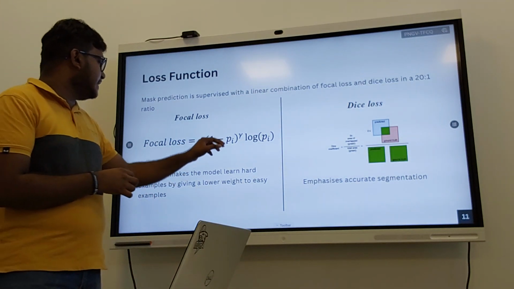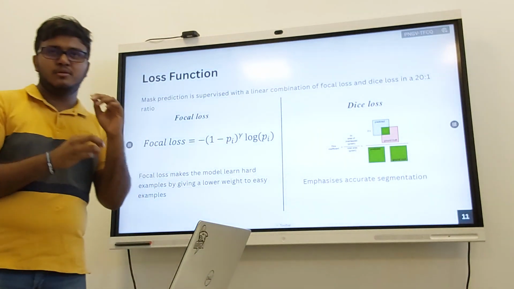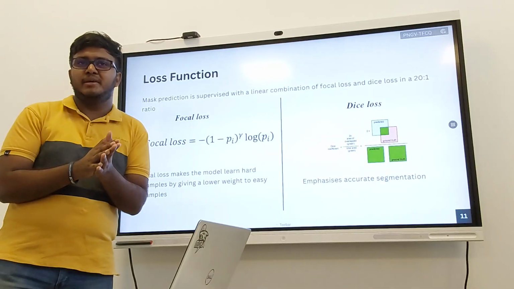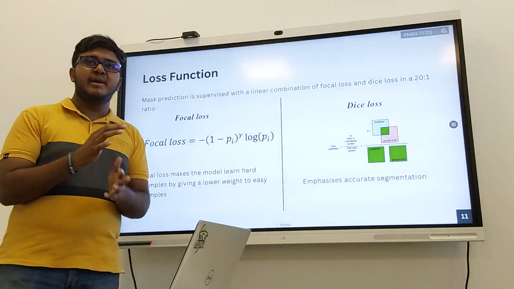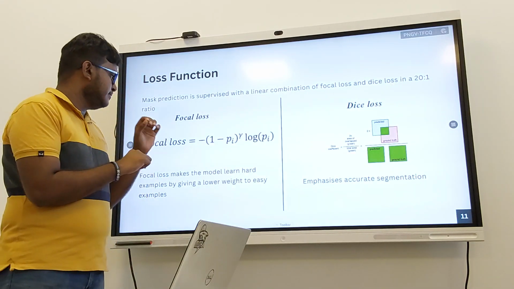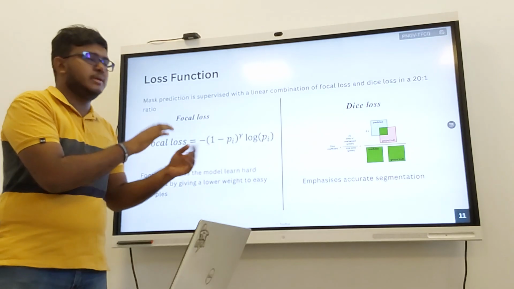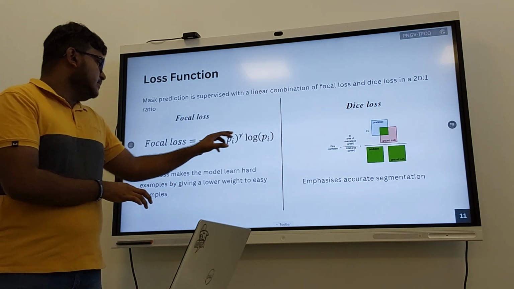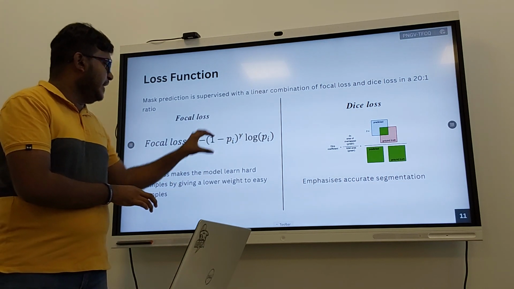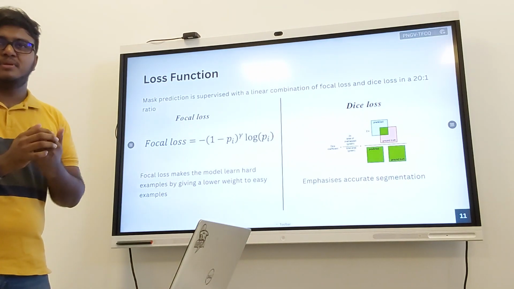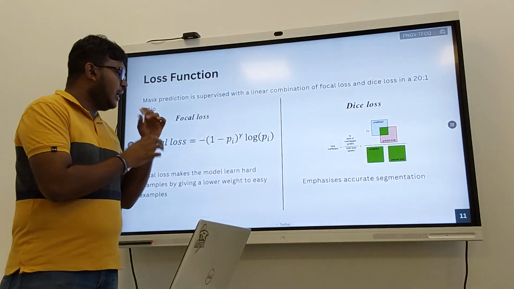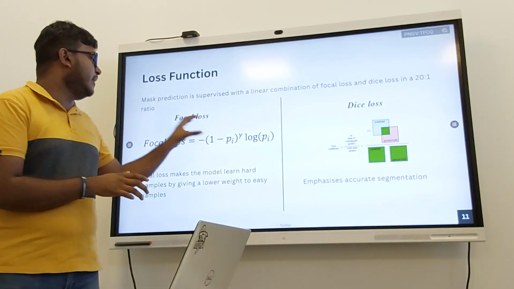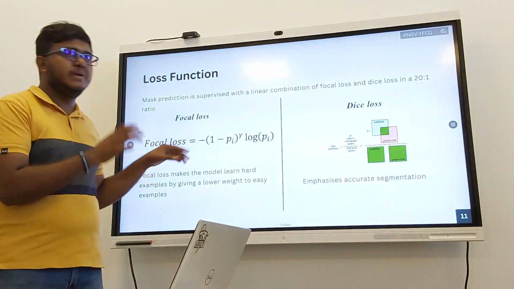What they do is, if the probability of our prediction is too high, which means the model is very confident that that point is mask or background or foreground, since this gamma value, that term will be close to 0. For higher confidence values the loss will be close to 0, but for lower confidence values the loss will be high.